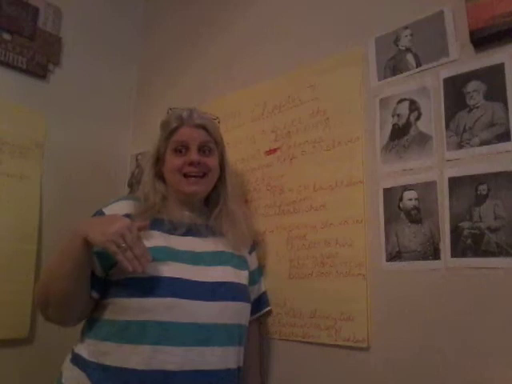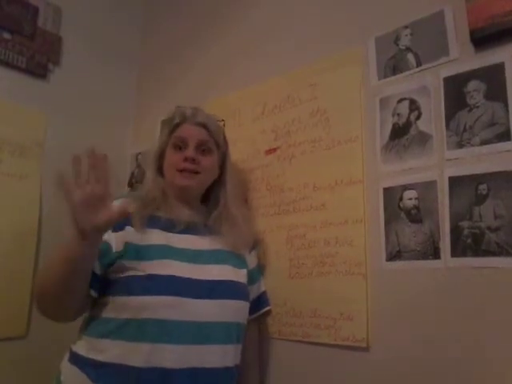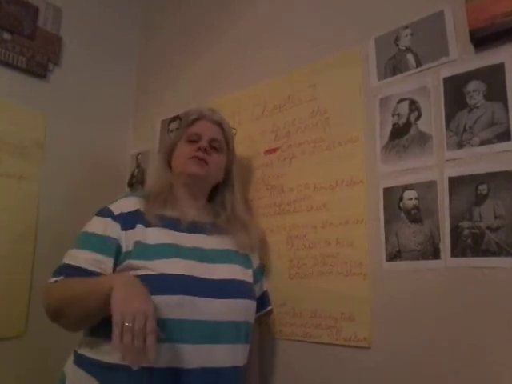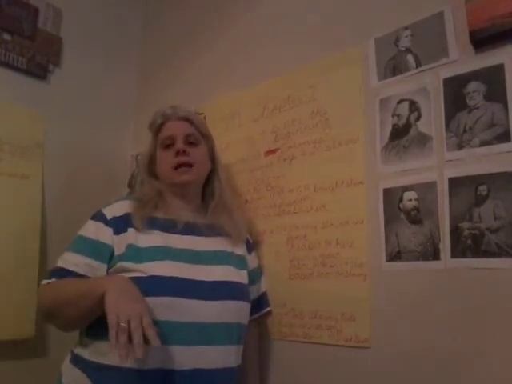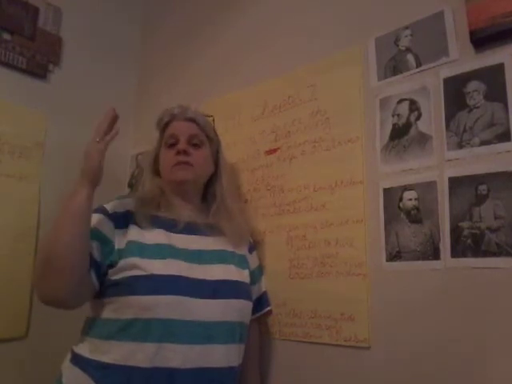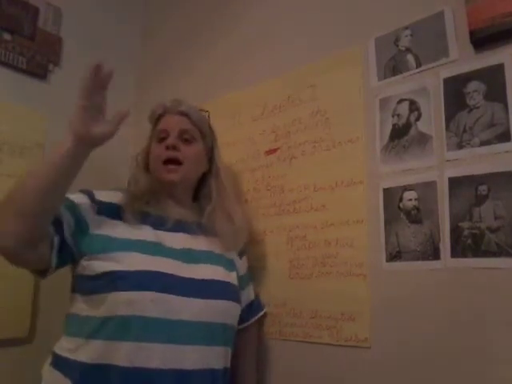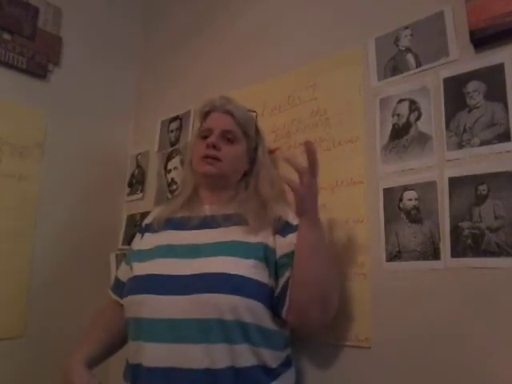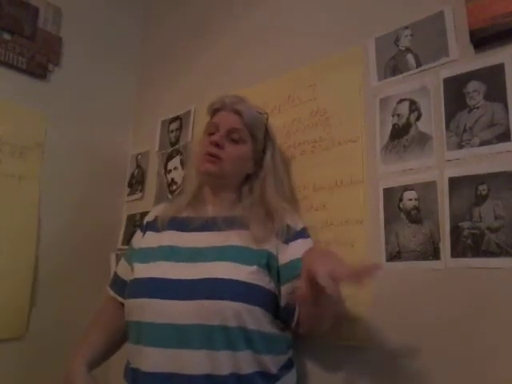So instead, they said, let's have a compromise. They made all these rules, and they let Maine come in as free and Missouri come in as a slave state. Anything below Missouri was supposed to be slave states, and anything above Missouri was supposed to be free states. Again, let's not really deal with the issue of slavery.